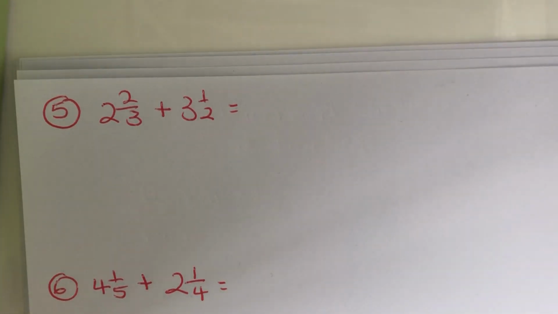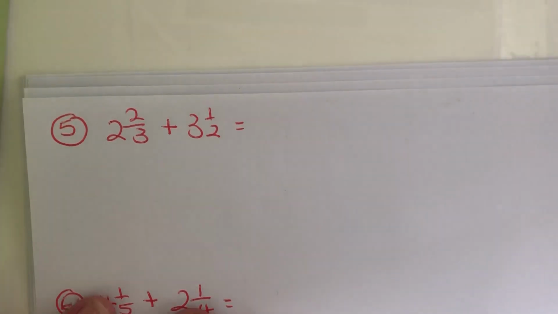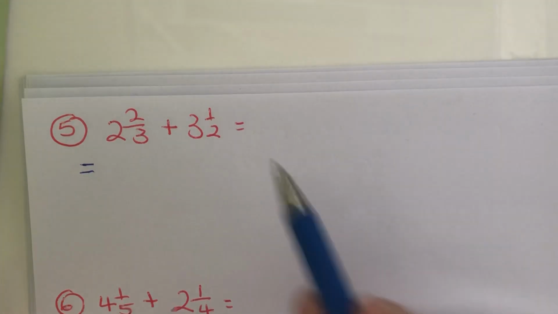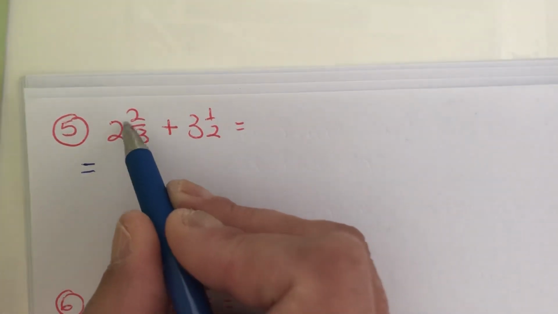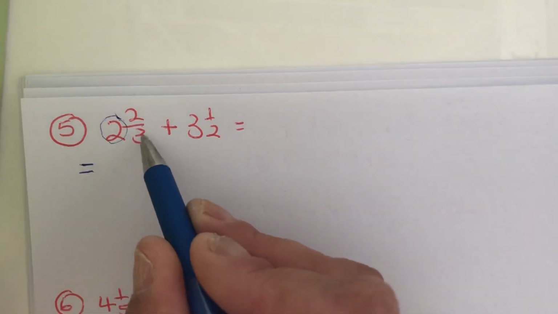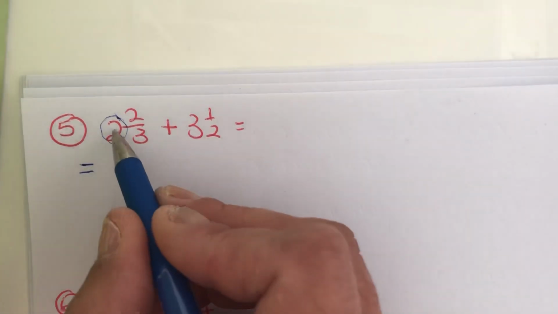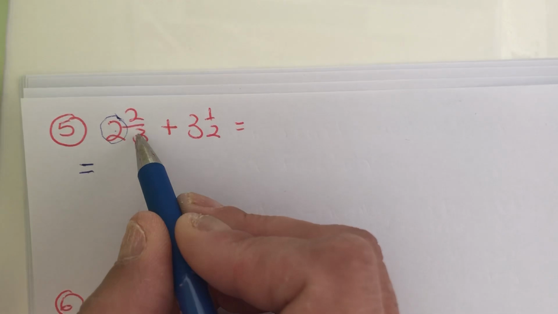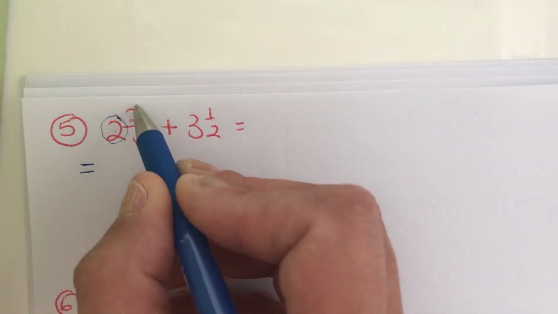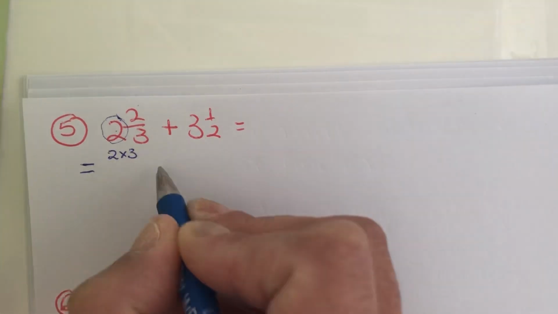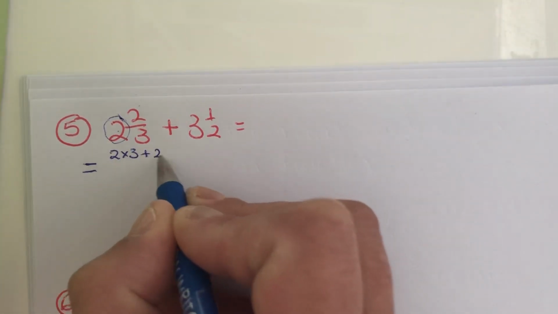Okay, so for this time we have a mixed fraction and we want to get rid of that idea so that we can do this nice way. So remembering how to do this means 2 whole. So if these are thirds, you get 3 in 1 whole. So we go 2 times 3 is 6 and we add the 2. So that's 2 times 3 plus the 2.